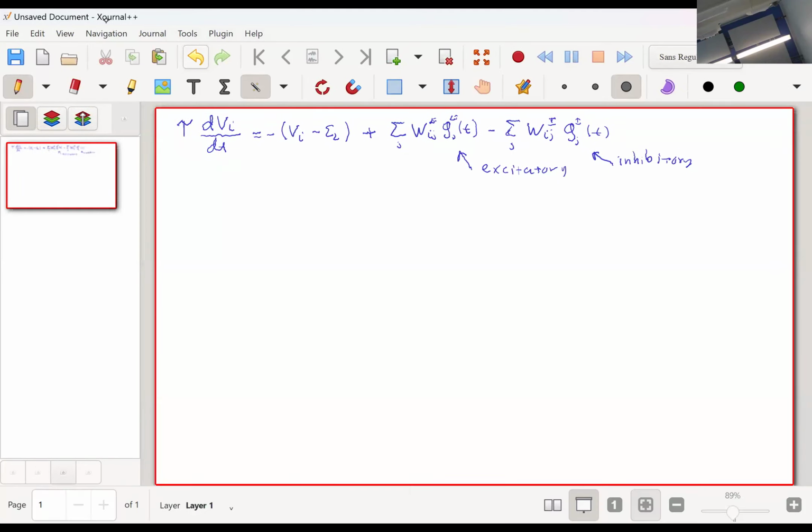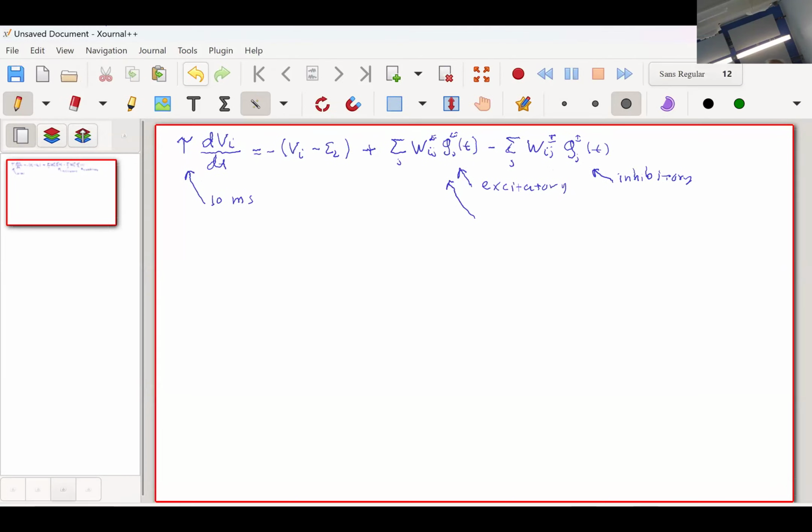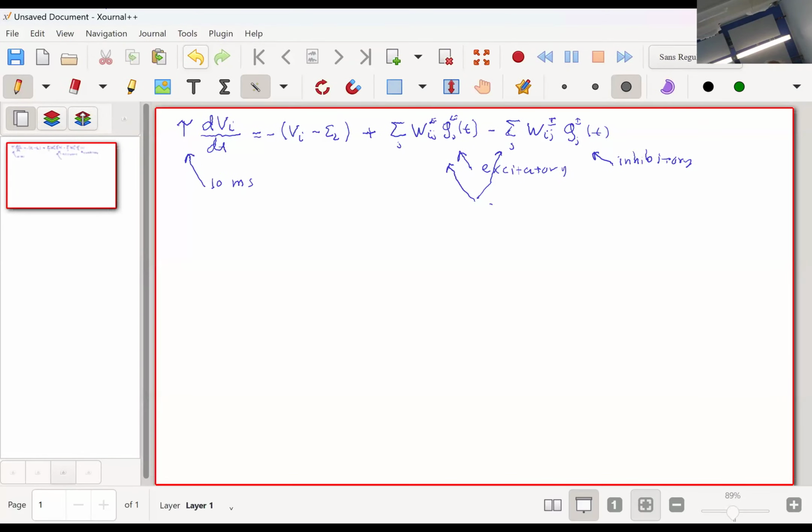And tau is around 10 milliseconds. That's going to become important. And in both of these sums, there are approximately 1,000 non-zero terms.